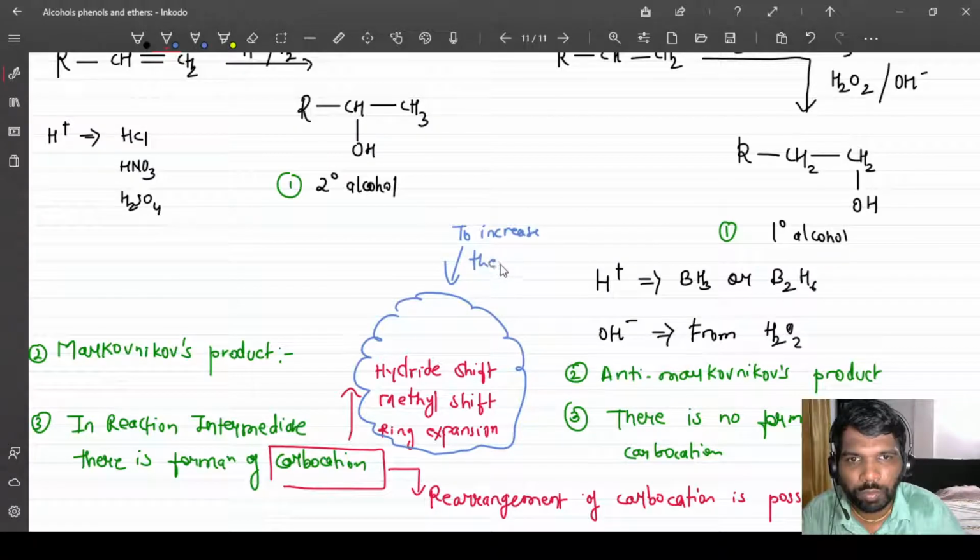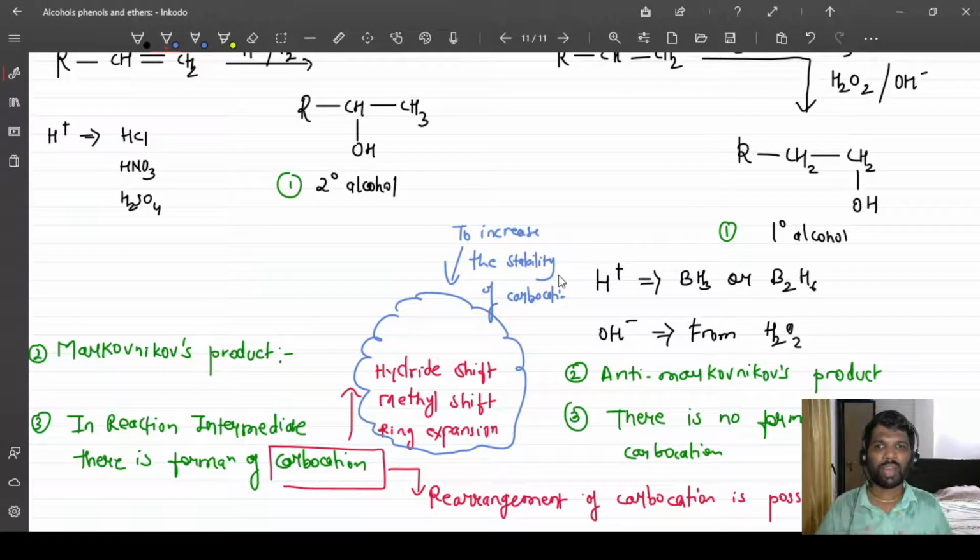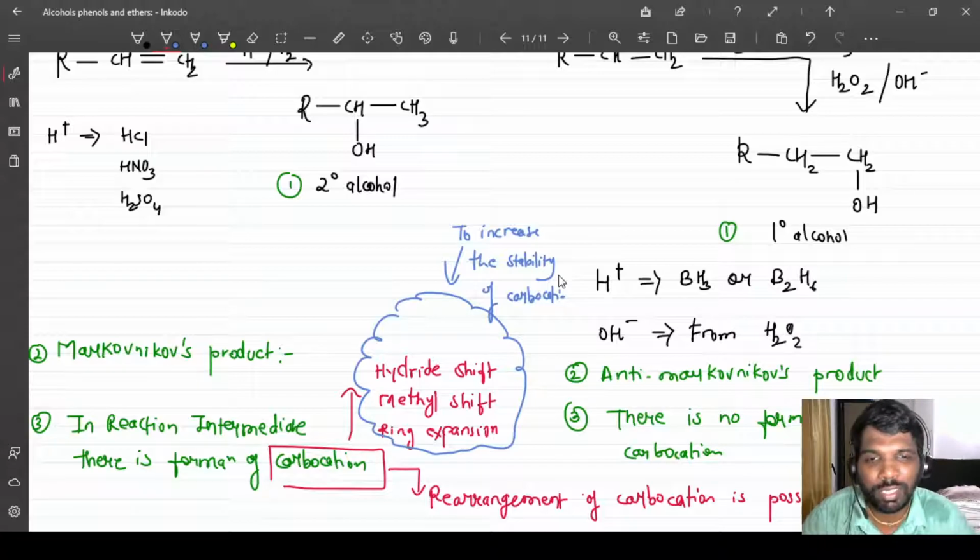I will make a separate video on how the rearrangements in a carbocation take place and how they increase the stability of the carbocation.